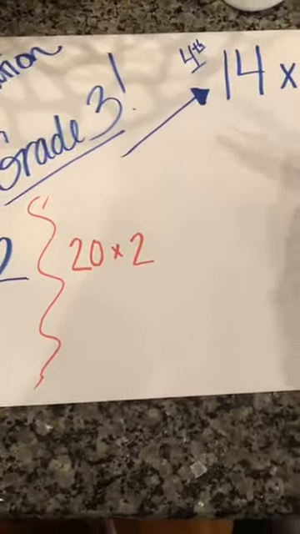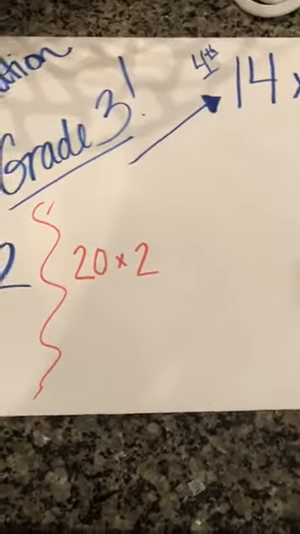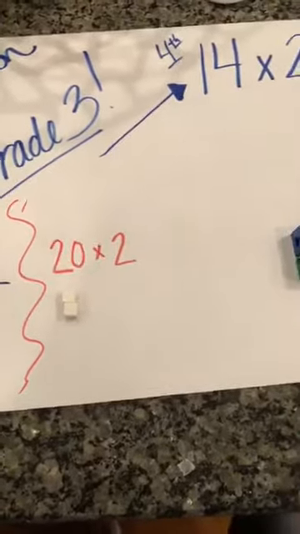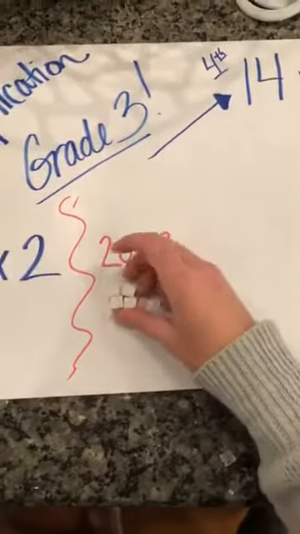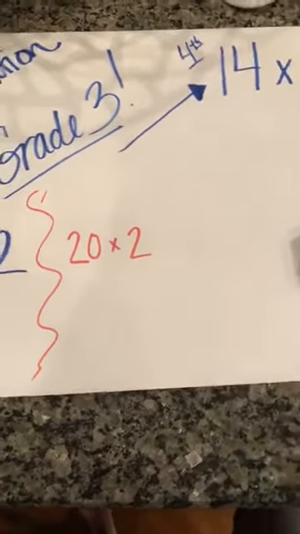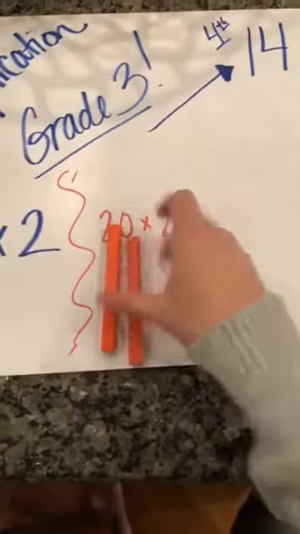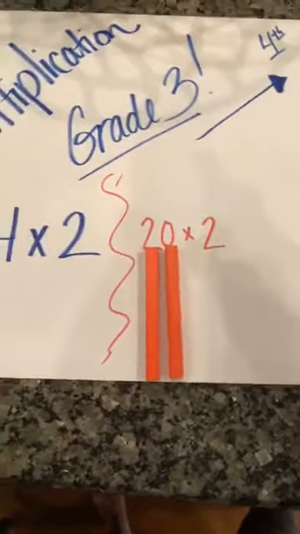Now, truthfully, 20 groups of 2, that's a lot, right? I'm not going to bore you to death with this. But if we're only expecting kids to arrive at the solution, it's okay for our students to just say, well, if I have 20, and I have it 2 times, what does that look like?